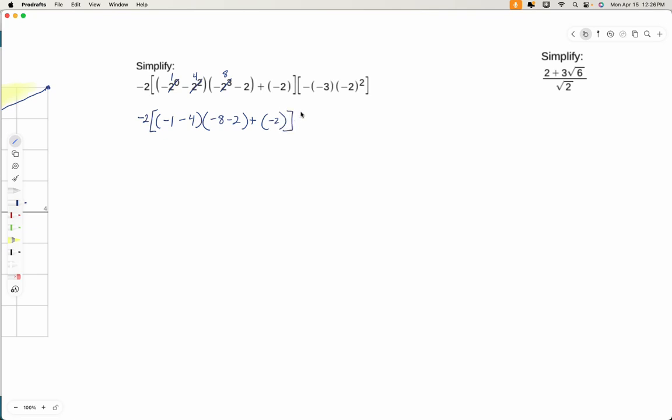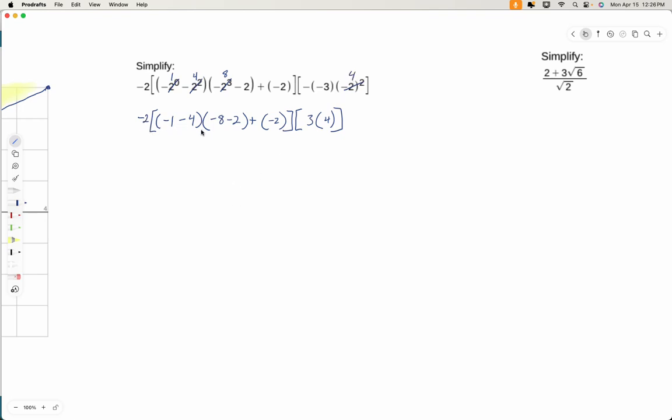All right, bracket, bracket. We have a -3, that becomes a +3, times negative square, or -2 squared. -2 times -2 is 4. Okay, so that would be a 4.